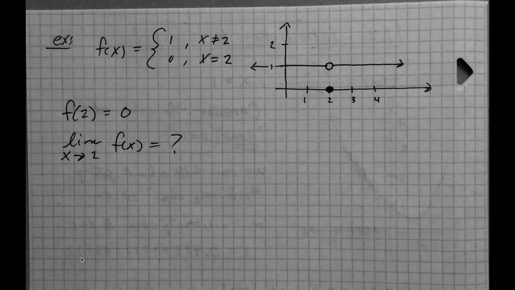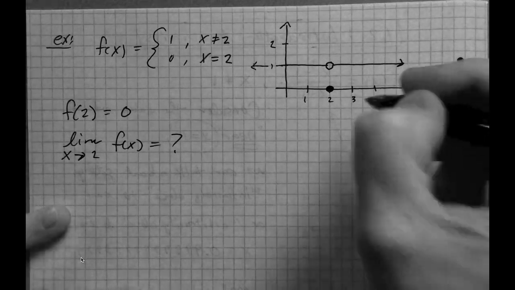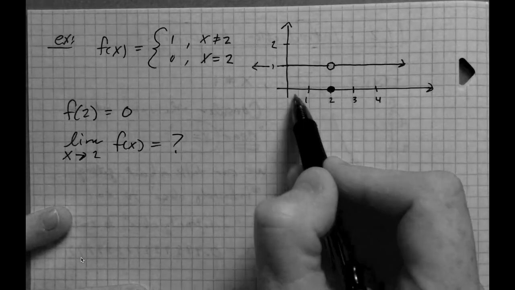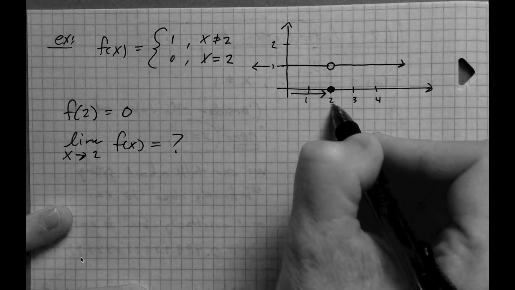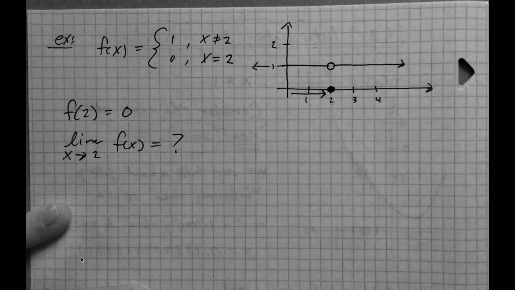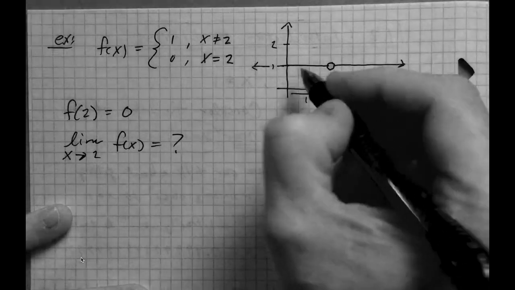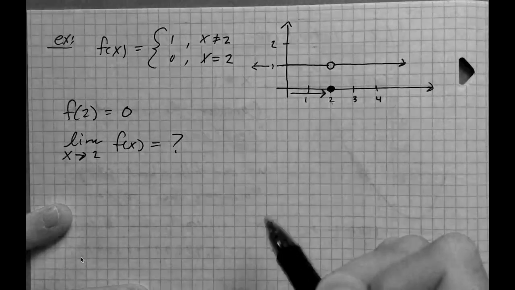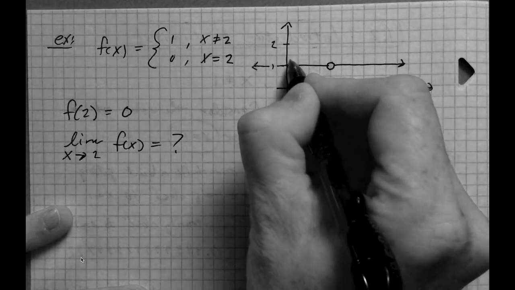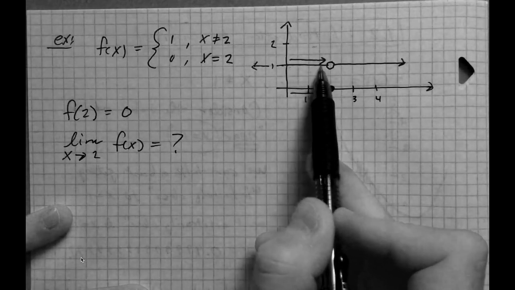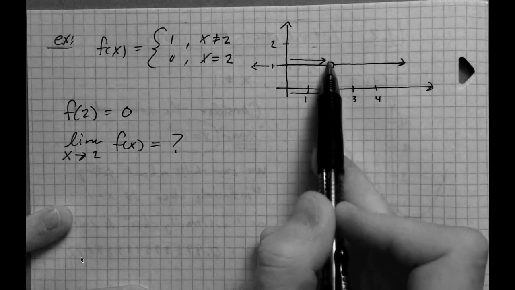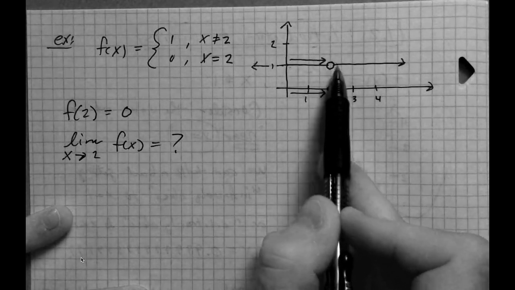Okay, so let's just look at the graph and make sure that we can see what that value is. So let's imagine ourselves on the x-axis moving towards the value of x equals 2 and getting ever closer to it. Clearly, the value of the function is up here, and it's moving along the graph towards the value of f of x equals 1, right?